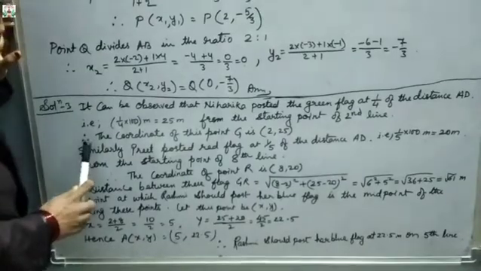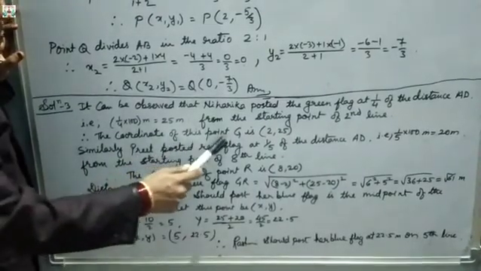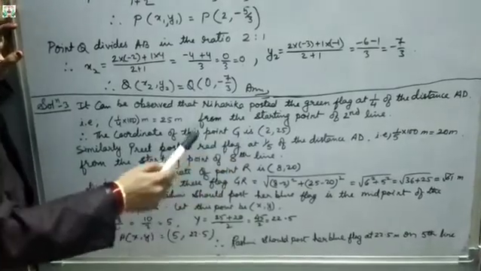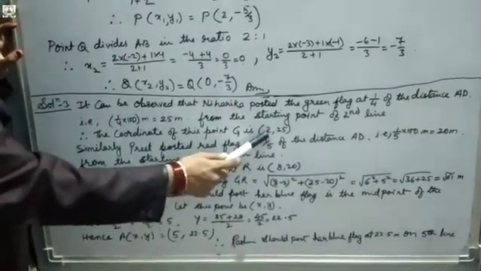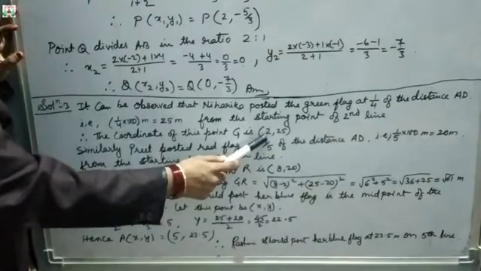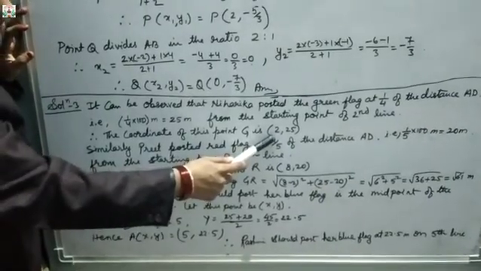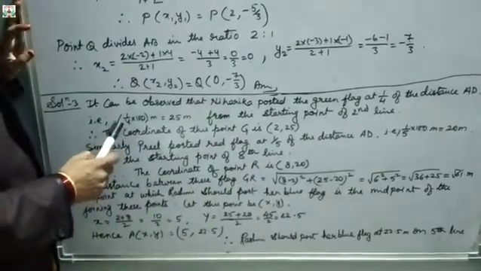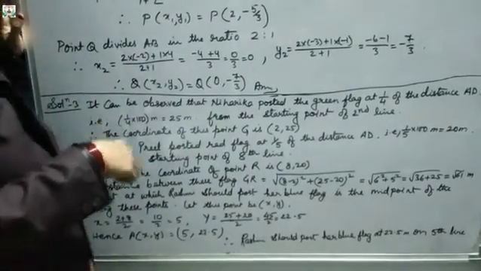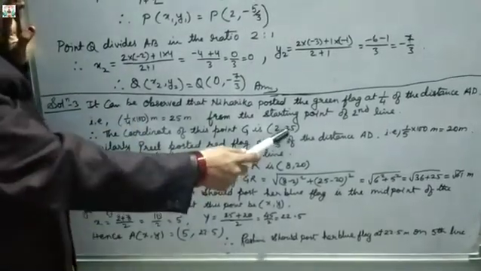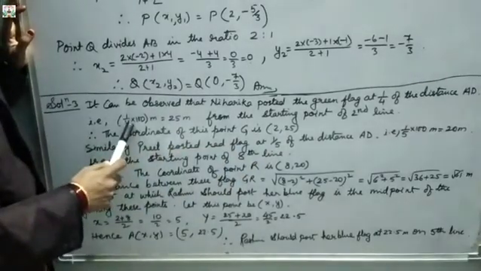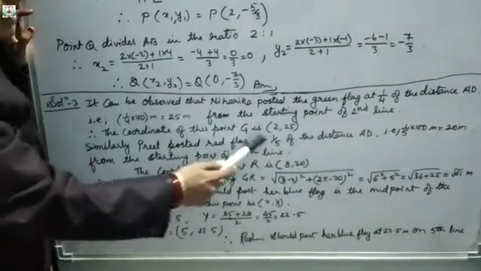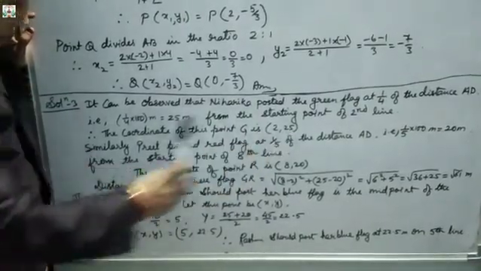In the same way, the coordinate of this point G will be what? On the second line she is running, she has posted the green flag. So 2 comma, what is the position on AD? She ran 25, since 1/4 of 100 is 25. So what will be the coordinate of G? That is 2 comma 25.